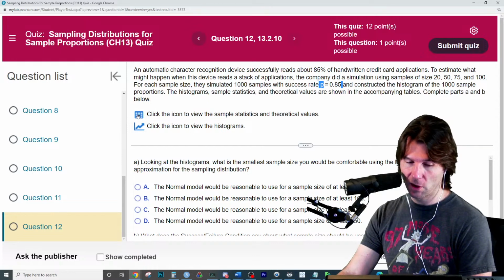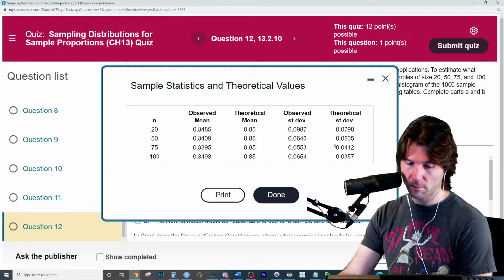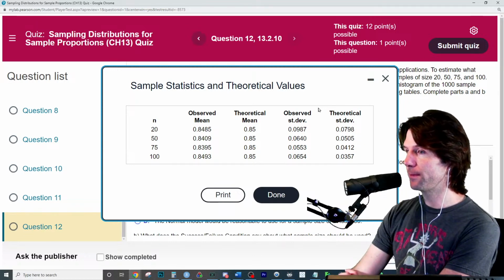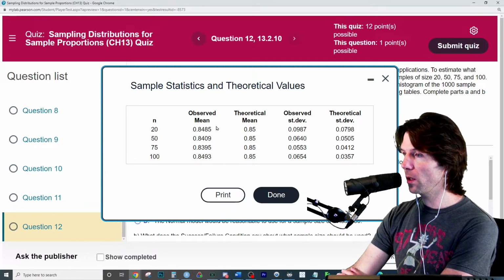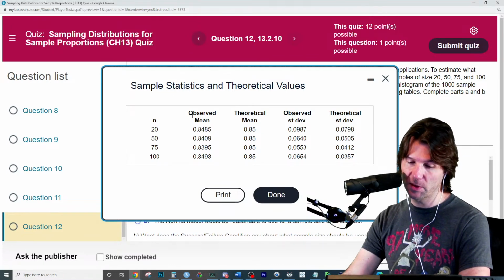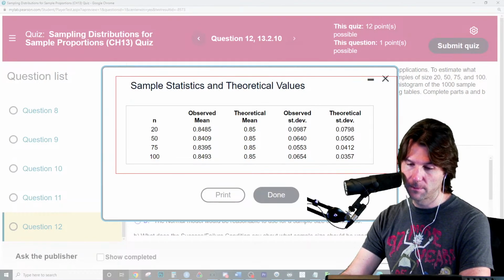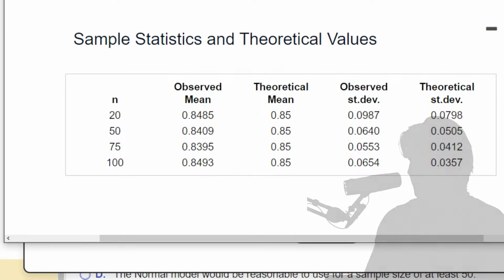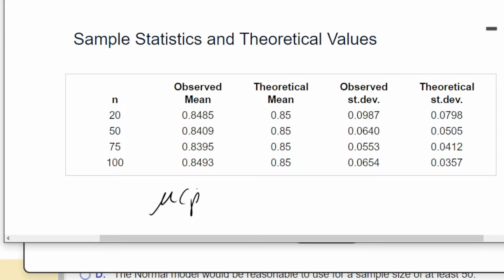Okay. So what do you notice about the observed means? All of the observed means are what? The formula to find the observed means would be as follows. So it's mu, and this is equal to p.